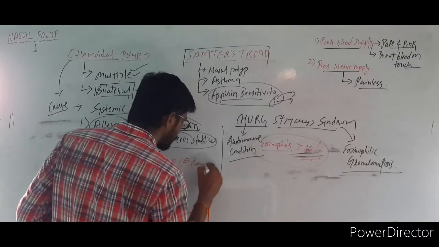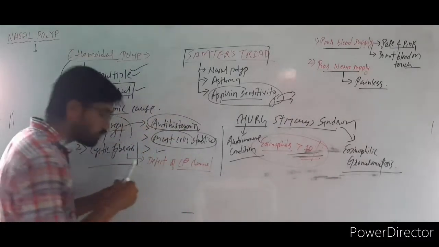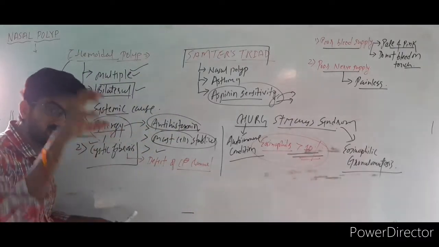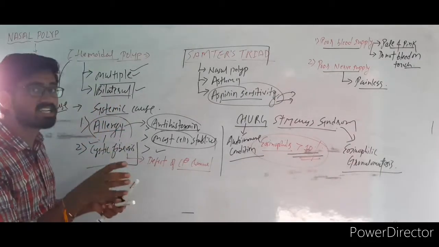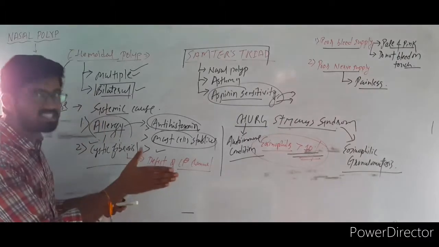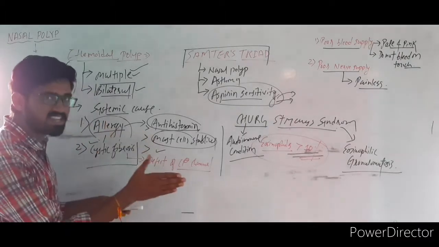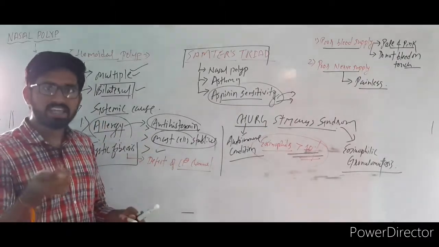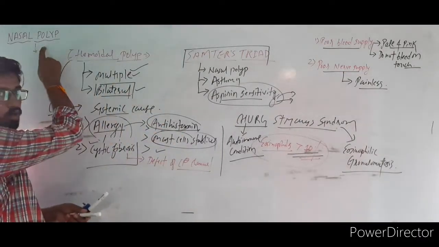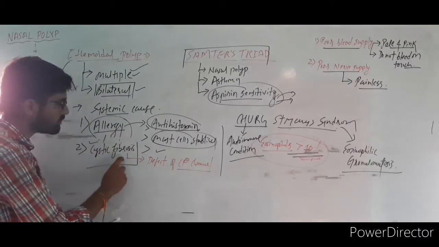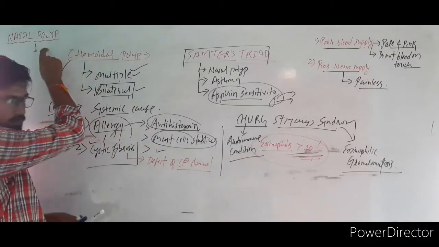Am I right or not? Yes, defect of chloride channel. So what will happen? It will make the secretion very thick, and that thick secretion will block the sinus. Once it blocks the sinus, there will be infection, that infection leads to edema, and that edema leads to nasal polyps. Okay, so I hope you understood how cystic fibrosis is causing nasal polyps.